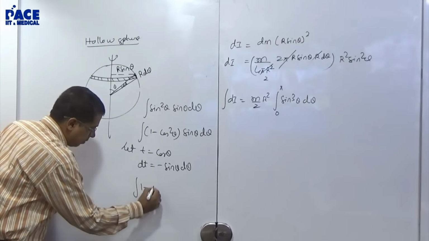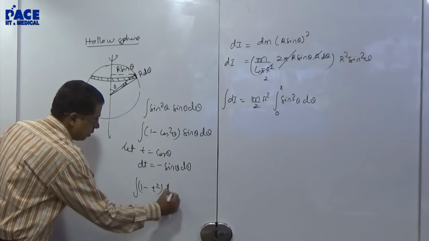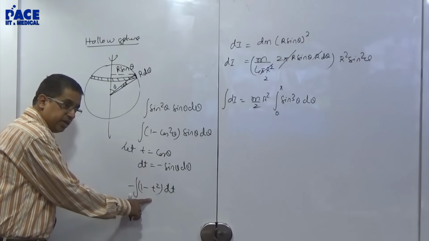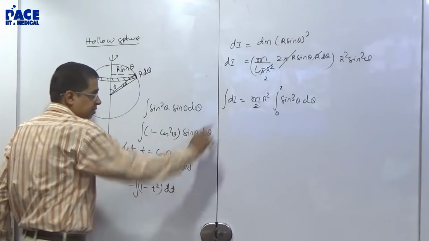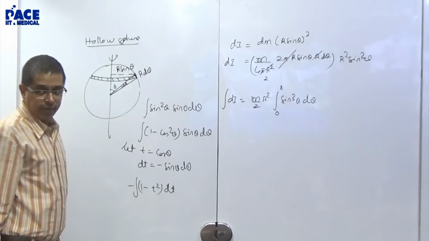The integral will become 1 minus t square, dt with a negative sign. Do I know the integration of this? Once I know, substitute the value of t as cos theta and then substitute the limits of theta, theta equal to 0 to pi.